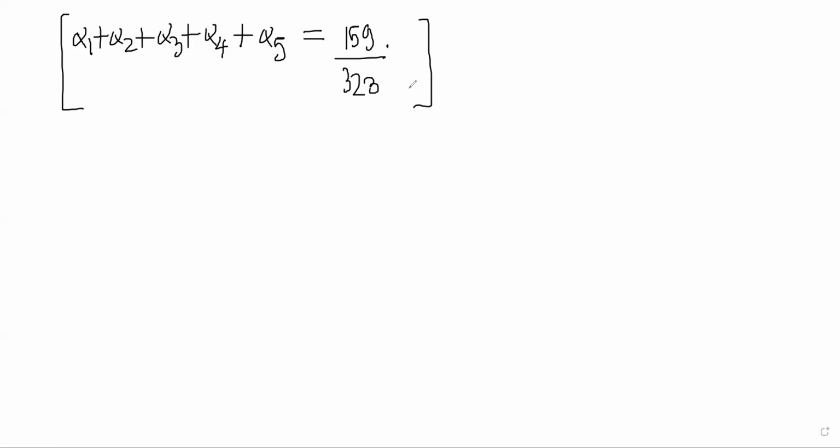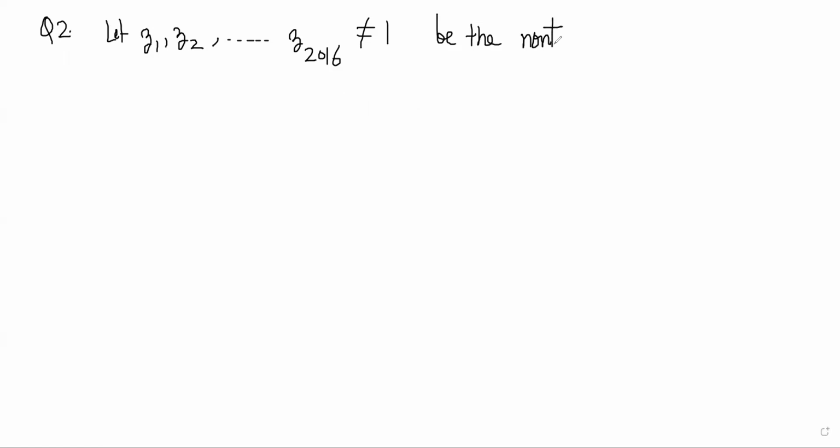The next problem that we will look at is this one. I will write the question here. Let Z1, Z2, till Z power 2016, not equal to 1, be the non-trivial roots of the equation x power 2017 equal to 1.